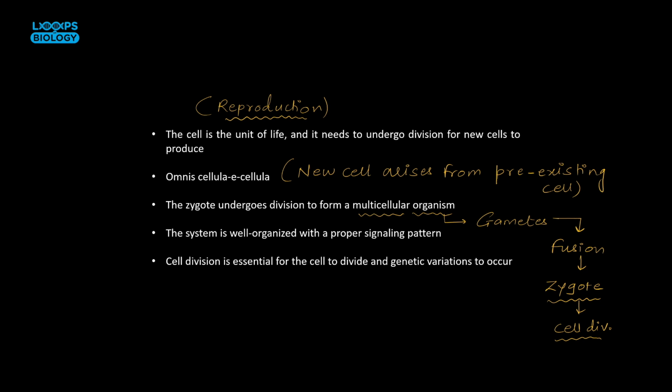So the system is well organized with a proper signaling pattern. Now, what does this mean? That whenever a cell is ready for the cell division, that particular cell will send a signal within itself so that the particular cell division process will start. So in this case, the system is well organized.